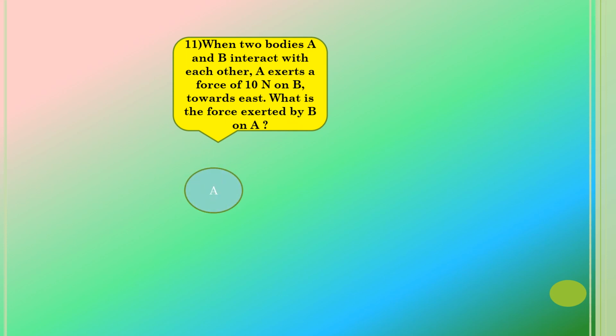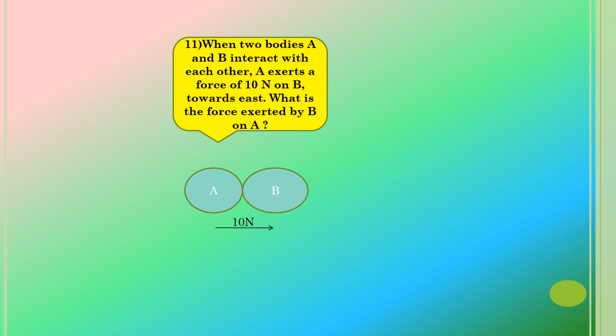So let us consider the situation that this is body A, right? Now this is body B. I've told you that they are interacting. That means they are in contact with each other or they are colliding with each other, right? So they both are interacting. Now they're mentioning that body A is applying a force on body B, right? So see A on B. So arrow from A towards B. How much the force is? 10 Newton.